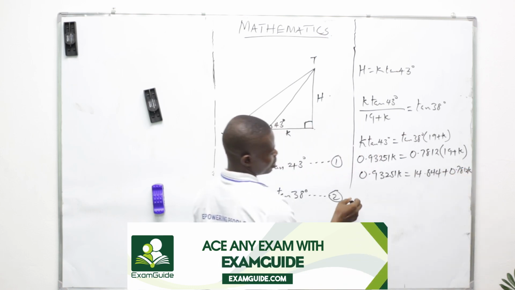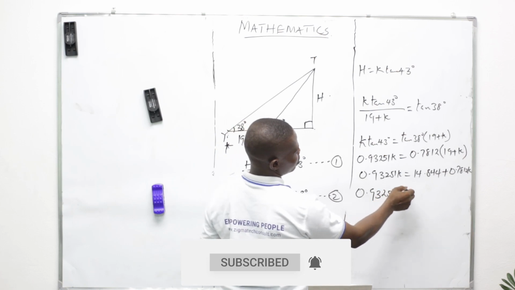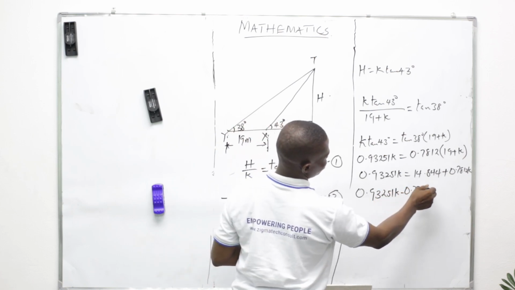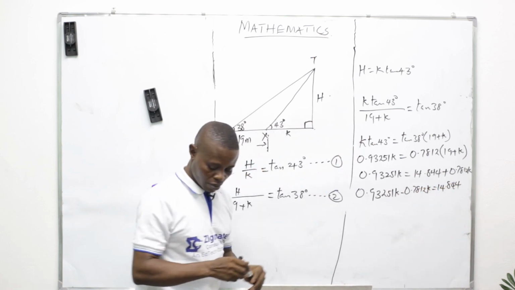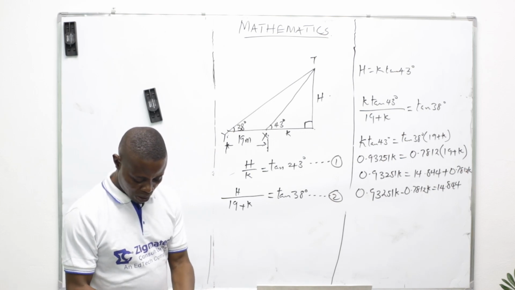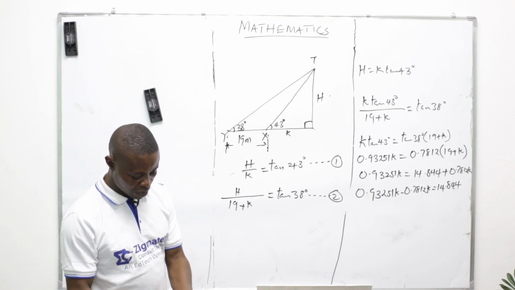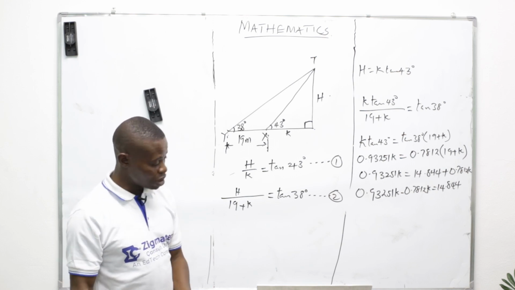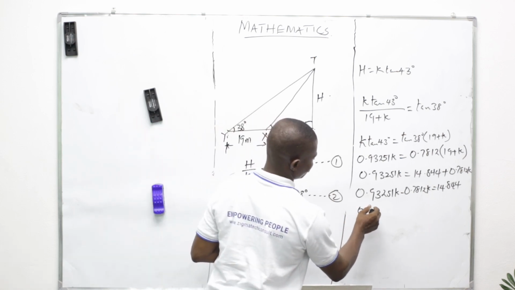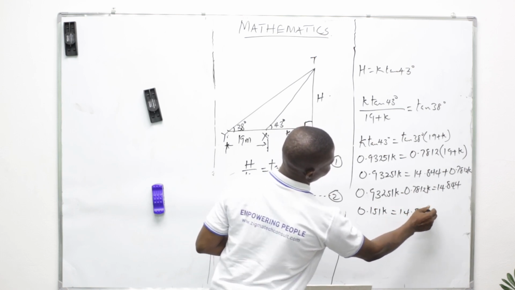Collecting like terms, 0.93251K minus 0.7812K equals 14.844. 0.93251 minus 0.7812 is 0.151. 0.151K equals 14.844.